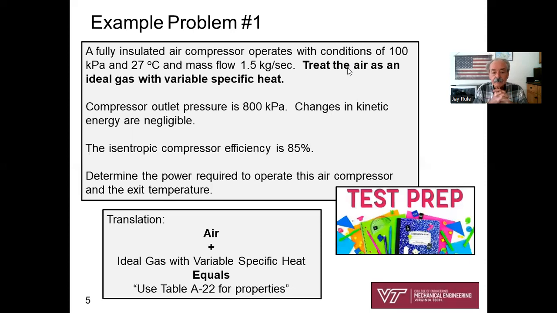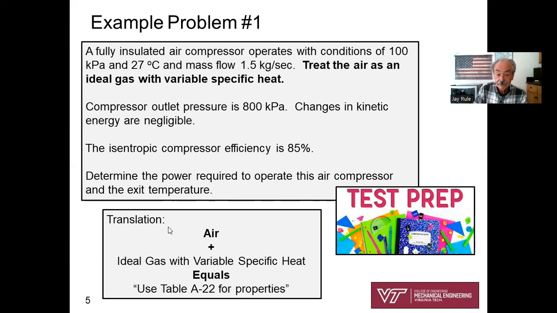The compressor outlet pressure is 800 kPa. Changes in kinetic energy are negligible. The isentropic compressor efficiency is 85%. The assignment is, one, determine the power required, and two, determine the exit air temperature of the compressor.